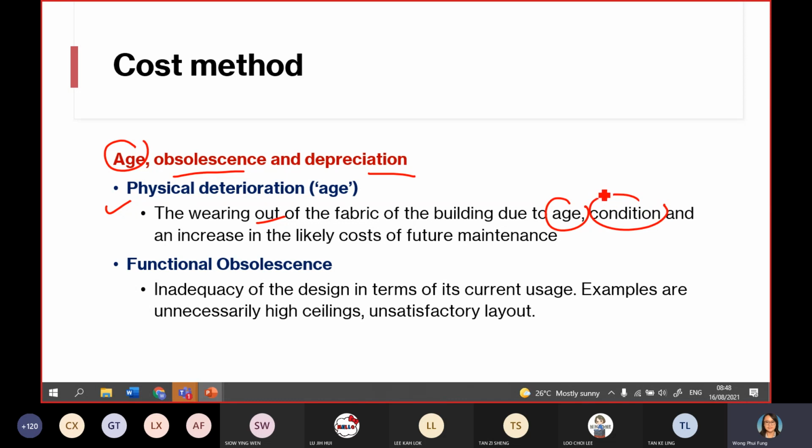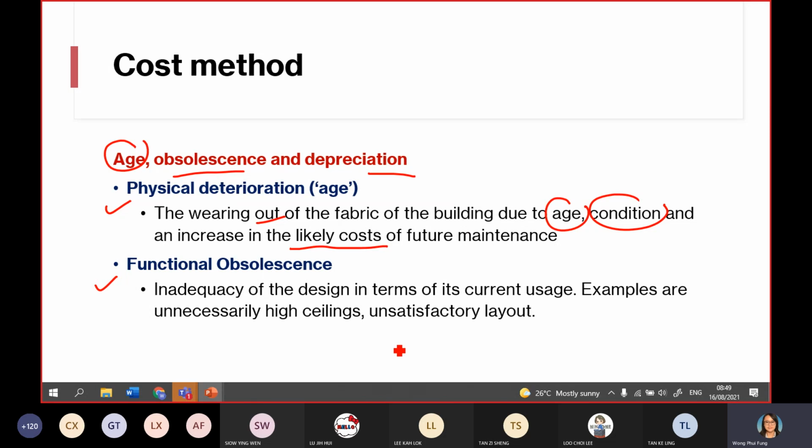The building has existed quite some time, so the condition might not be so good. That's why you need money to repair and do maintenance. And maybe the building's plumbing and services systems are quite outdated already. That's why you need to do repair and replacement, which increases the cost of maintenance. That's why for the building you need to minus depreciation. That is the first reason, because of the age.